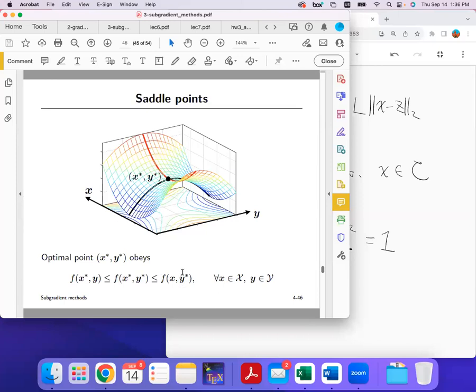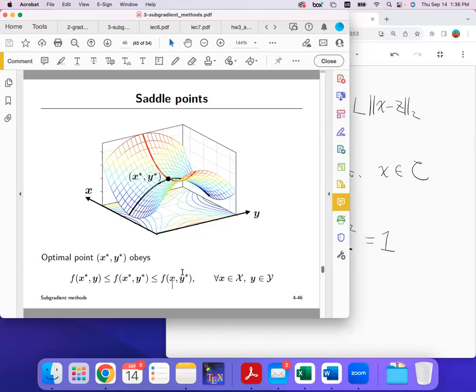But we are minimizing over x. So this also shows that x star is the optimal solution. So this is sort of like a Nash equilibrium.